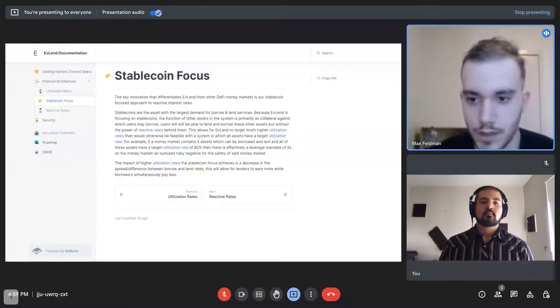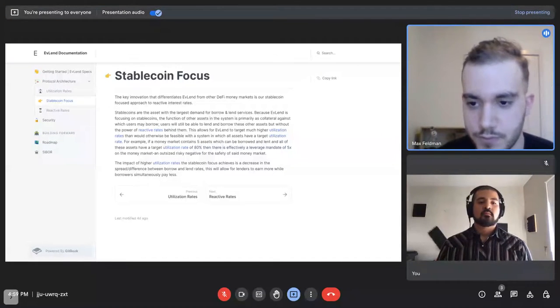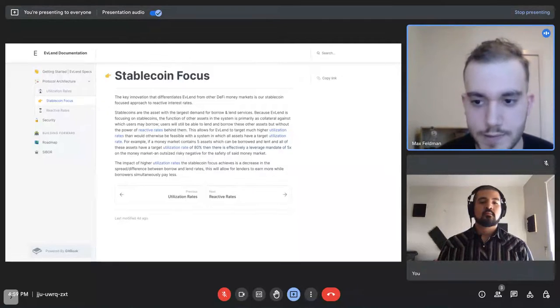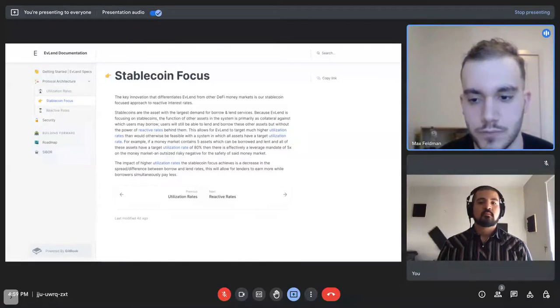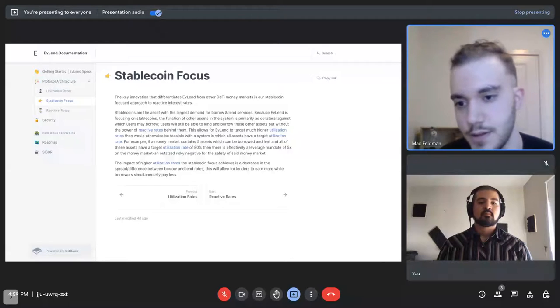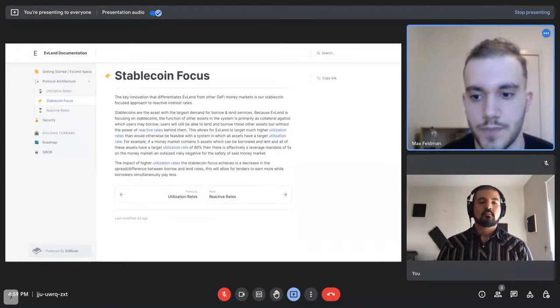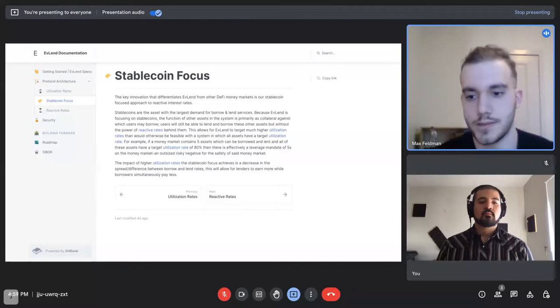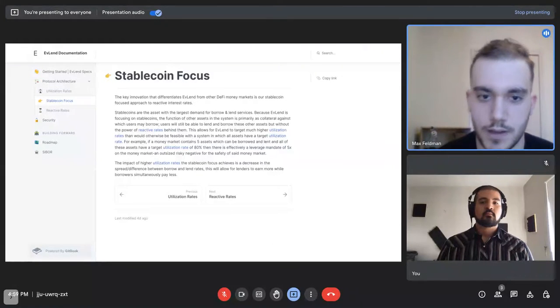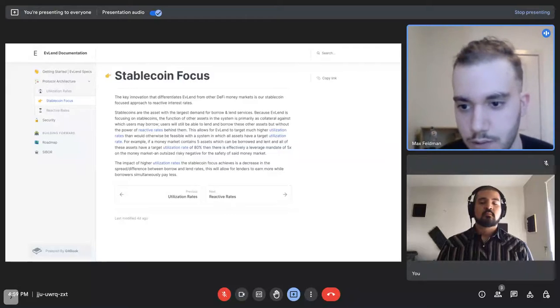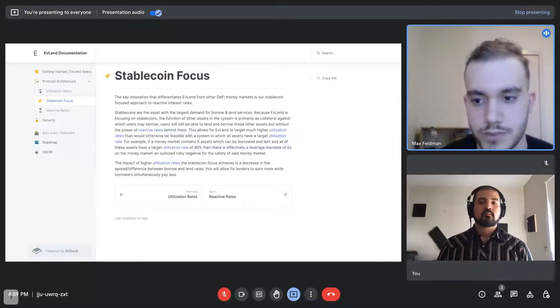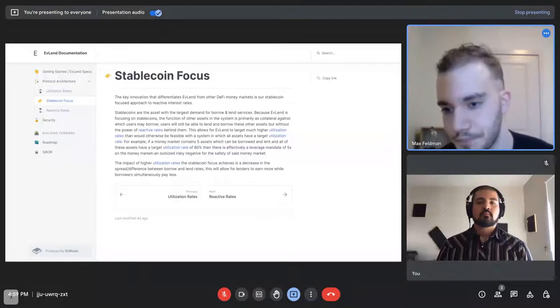And the reason that we focus on stablecoins is that it turns out using reactive rates on too many assets within the same pool winds up resulting in some rather poor outcomes, or can at least. So to demonstrate this, let me outline a model of a hypothetical money market which has 3 assets that are listed, all of which may be borrowed, lent, supplied as collateral.